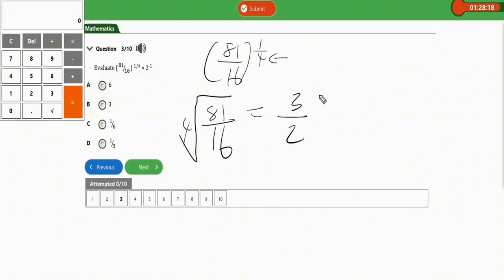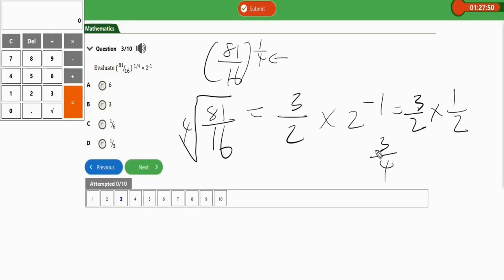So now that I simplify this, it is 3 over 2, then times 2 to the power negative 1. So 2 to the power negative 1 is the same thing as 1 over 2. So the final result should be 3 over 2 times 1 over 2, which gives us 3 over 4. And that will be the answer to this question, 3 over 4.